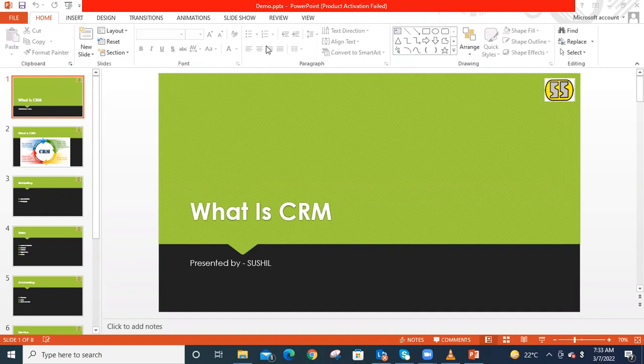In Siebel CRM, from where did this Siebel CRM, or CRM, come into the picture? We'll first understand. CRM stands for Customer Relationship Management. Now, what is Customer Relationship Management?